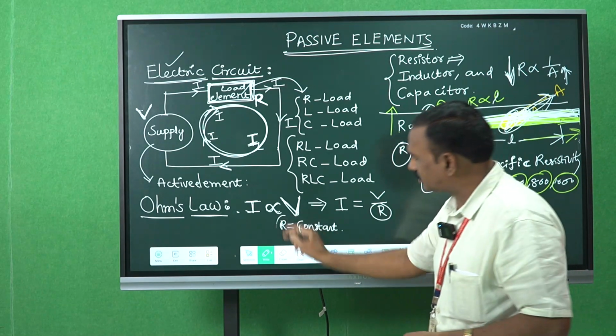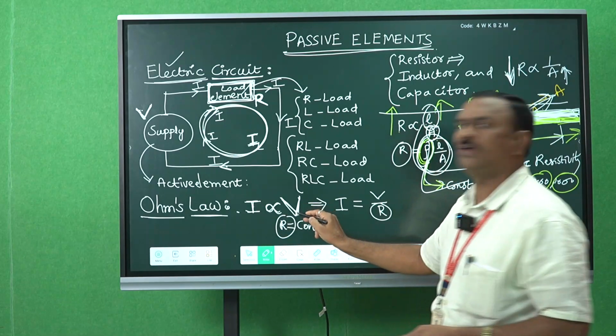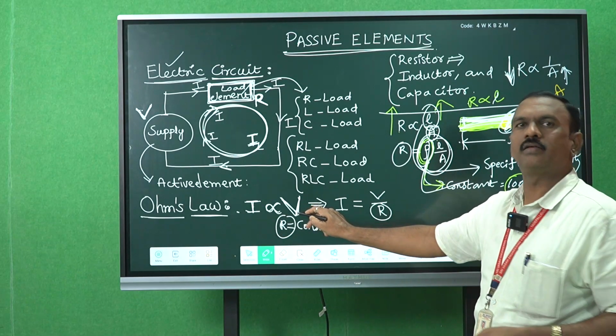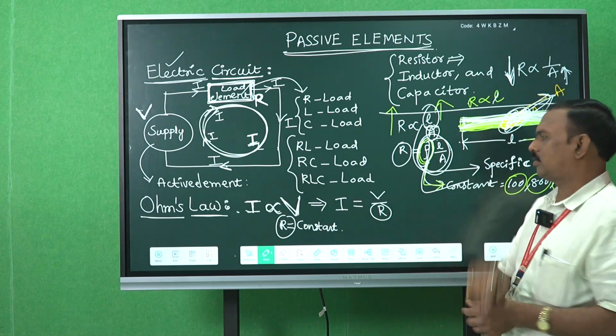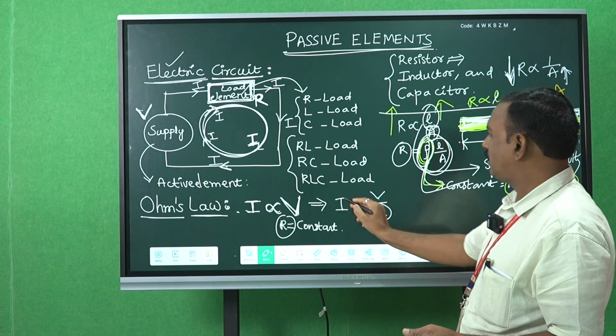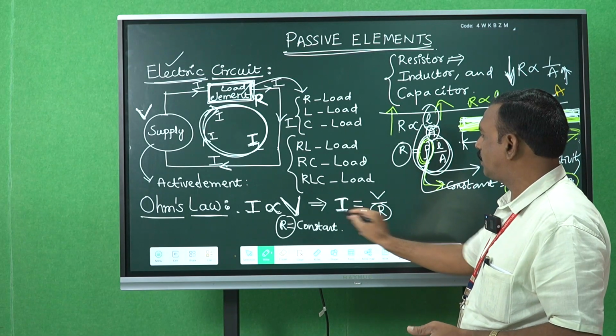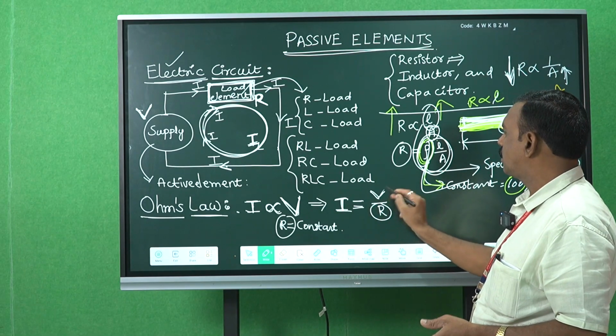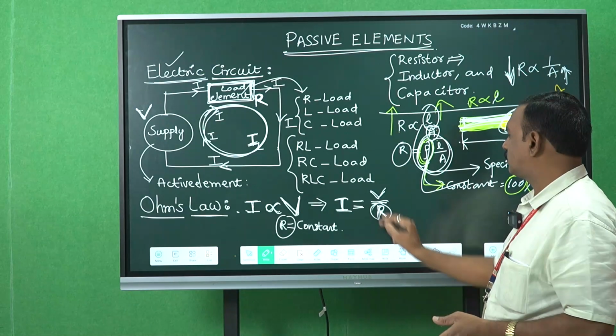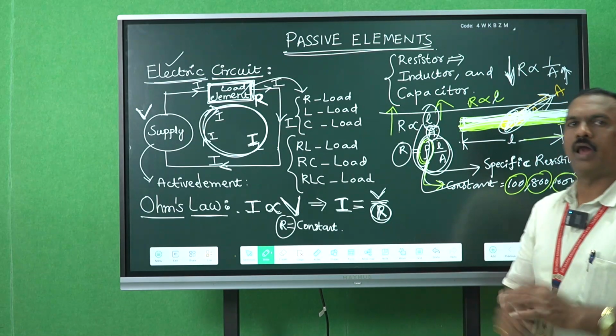If the resistance is constant, then I is proportional to V. Otherwise, if proportionality is eliminated, finally I equals V by R. This is Ohm's law.